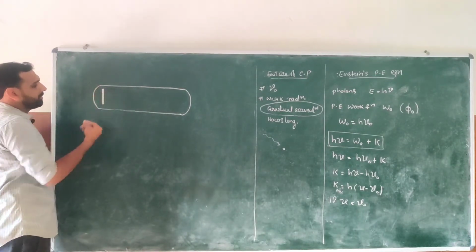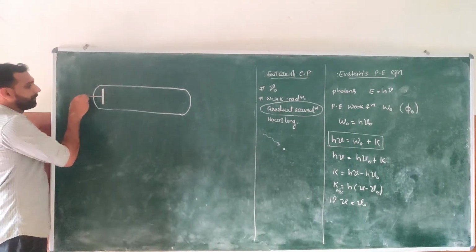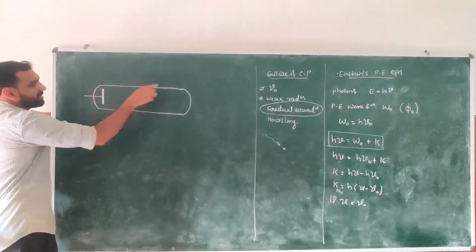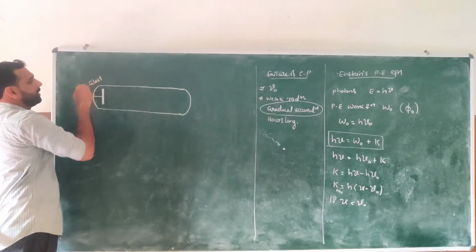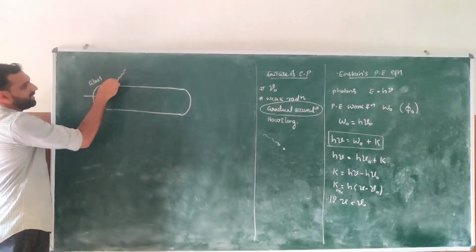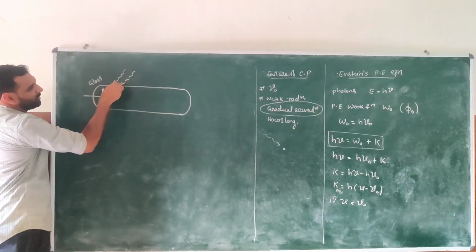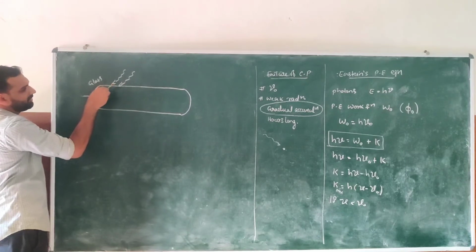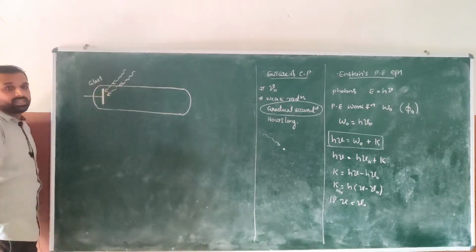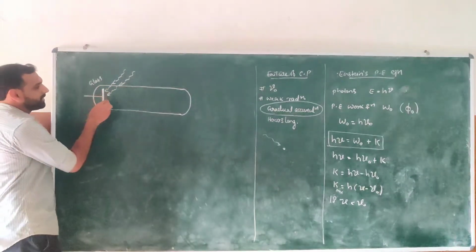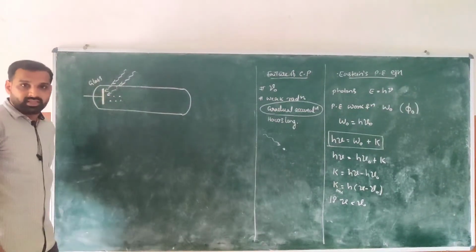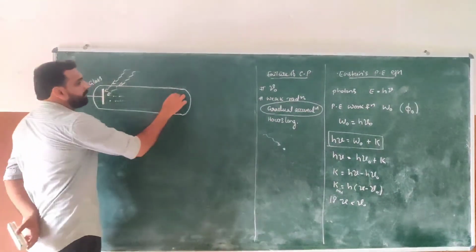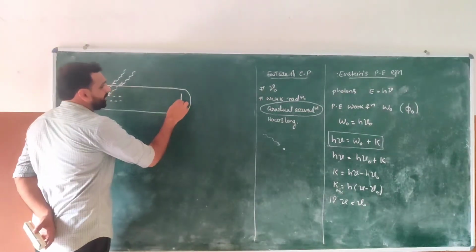This is made of glass tube. Radiations are incident on this material, and from this material electrons will be ejected. And we place two metallic plates here.